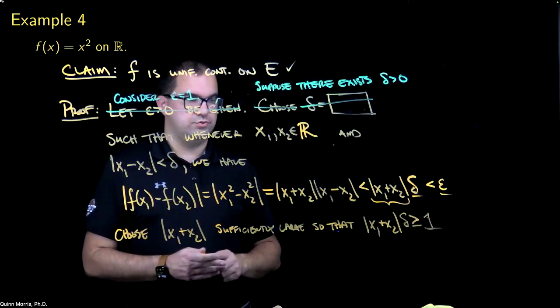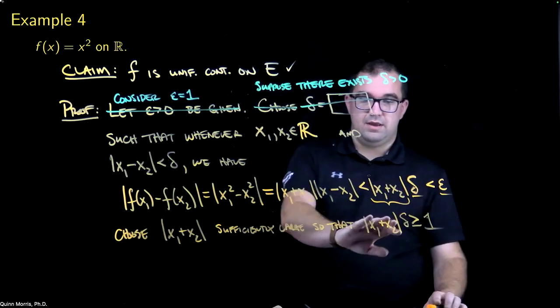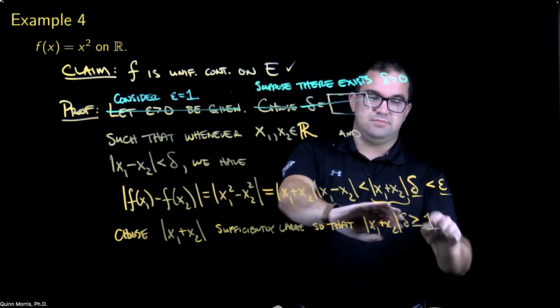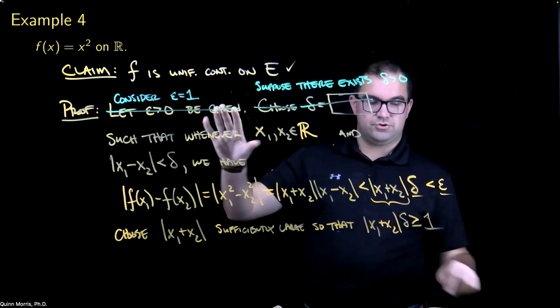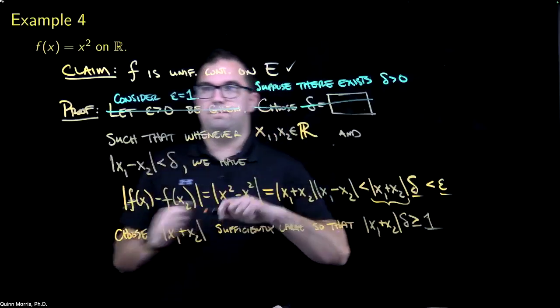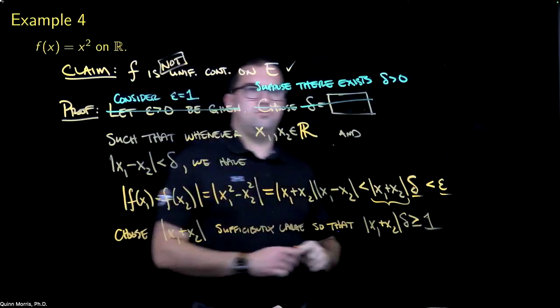This is actually a consequence of the Archimedean order property. I can choose some real number such that this times delta will be bigger than 1, which is a contradiction. So what we've actually done here is a mini proof by contradiction to show that in this example, f is not uniformly continuous.